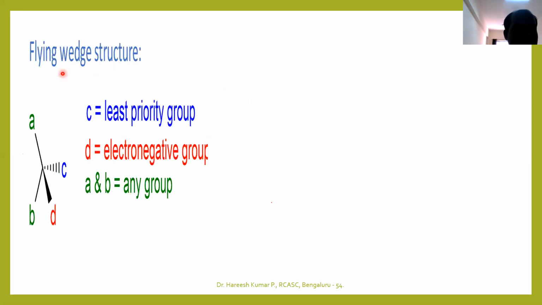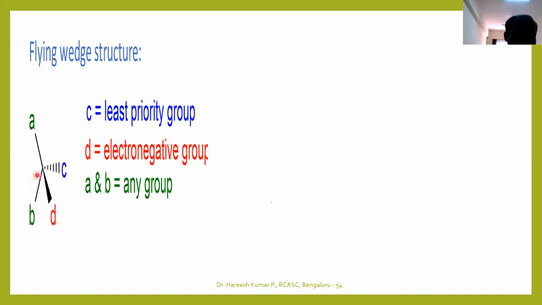The next slide is about the flying wedge structure. Flying wedge means you can observe that this is the wedge moiety. This representation is called wedge. And here you can observe that I have written a D. D may be any electronegative group.